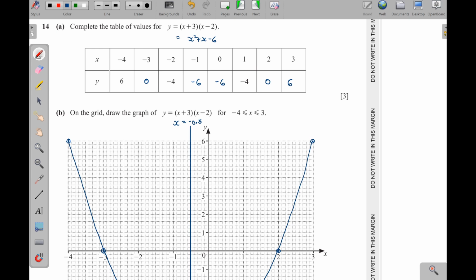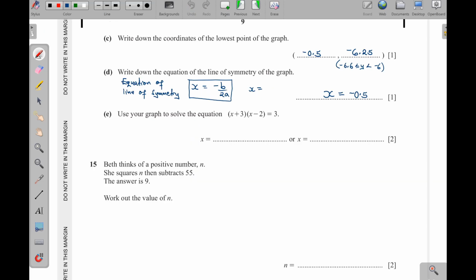Okay, so my a is 1, my b is also 1. So I'll have minus b, which is 1, over 2a, with a being 1. So don't you have x equal to negative one half, which is this one? So that is that.